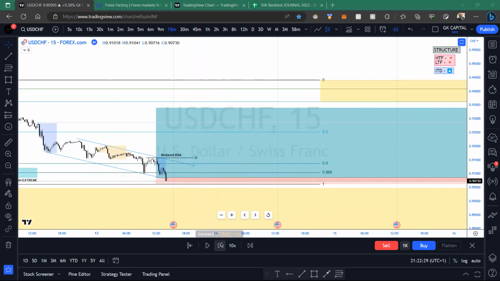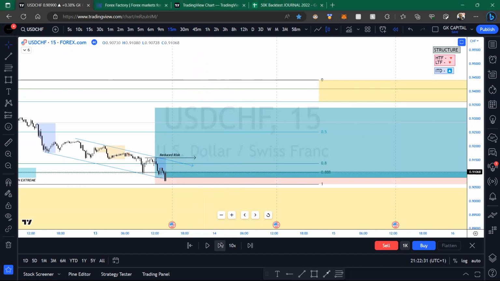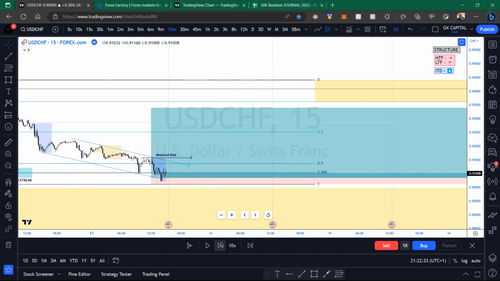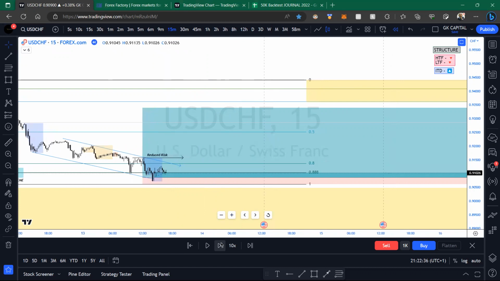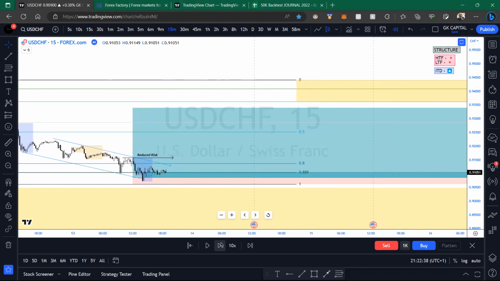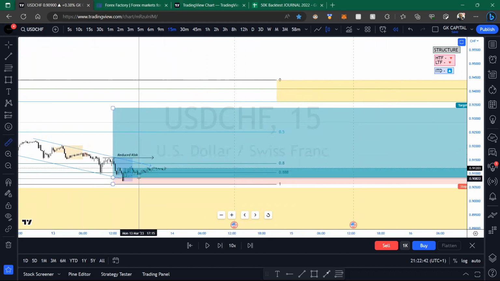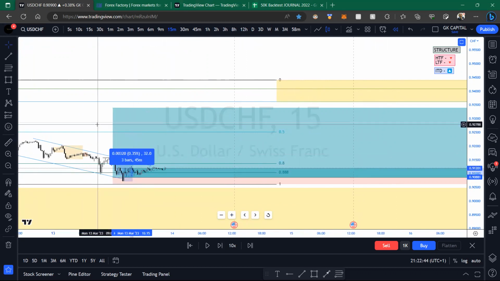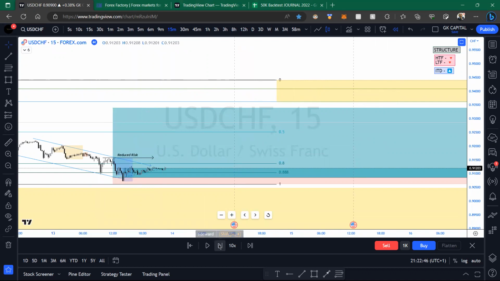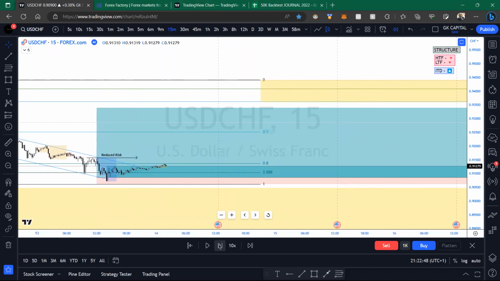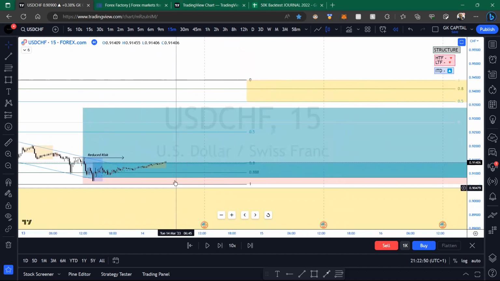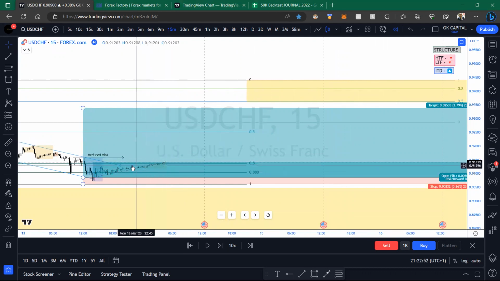Okay, so let's see if we get the reduced risk. Oh, where are we at now? This is about 32 pips. Doesn't mean anything. I do need to get that break. Okay, so we've gone. Okay, so hold on, I'm lying.